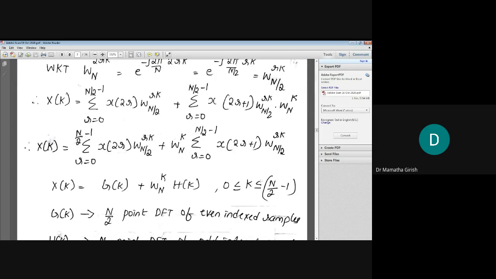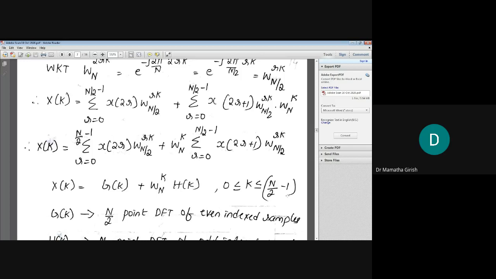Next, we are going to generalize the above equation as X of k is equal to the first summation term abbreviated as G of k, W_N to the power of k as it is. The second term is abbreviated as H of k. Note that in this case, k is ranging from 0 to N by 2 minus 1.